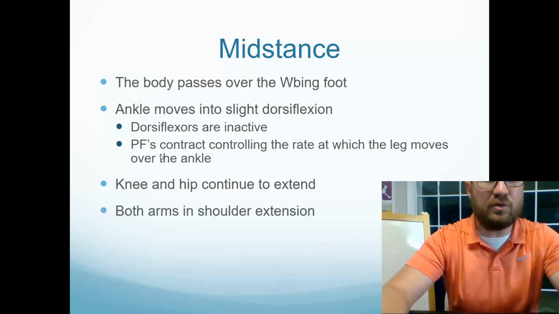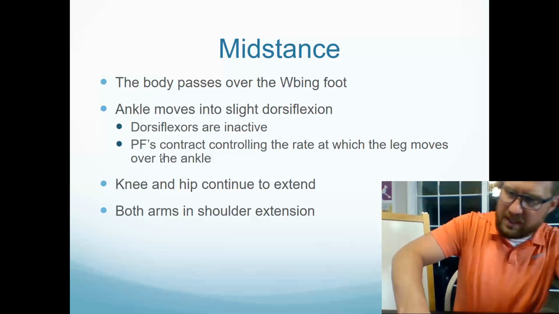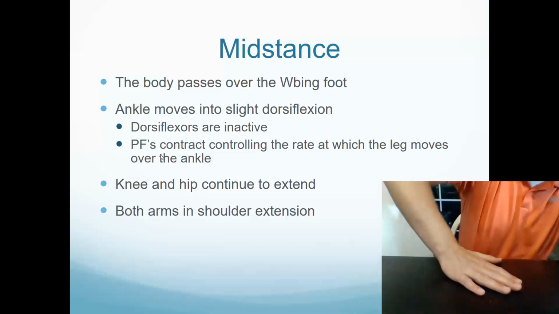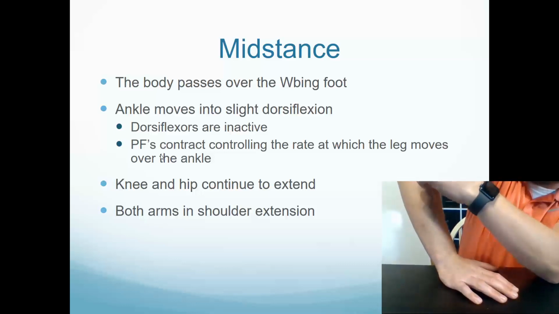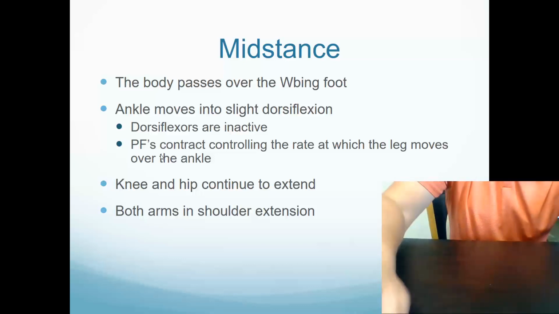Hip and knee continue to extend. You could say that those are both concentric now, because as our body is catching up to our foot, we're going to start to get into that propulsion phase, and that's going to come from our hip, from going into hip extension.